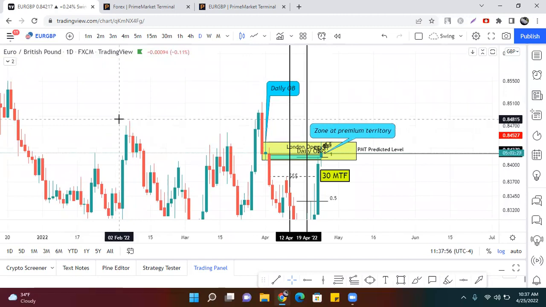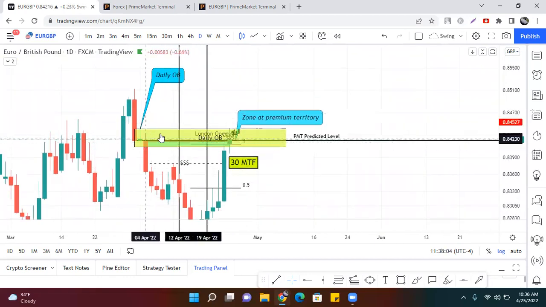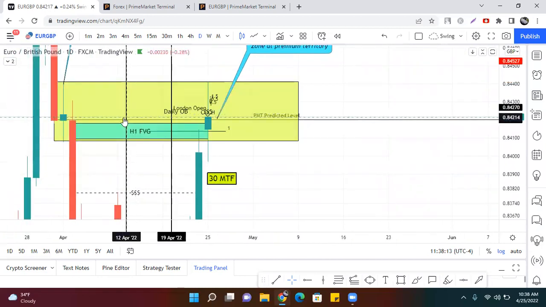And right here in this crosshair, the recent buy side liquidity was taken. So really, if you had some knowledge of fair value gaps, you could have easily gotten in way earlier than anybody else. But there's a secondary bearish order block created, and this is what they are currently mitigating for the short. So we just had that rejection of the equilibrium, and now we're continuing down. I counted on that because there was a Prime Market Terminal predicted level right here, which lines up with the institutional order block and everything.